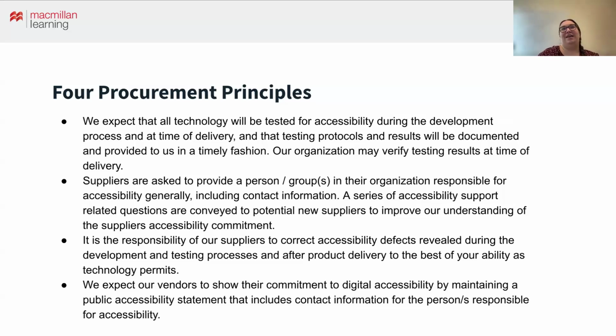Suppliers are asked to provide a person or group in their organization responsible for accessibility, including contact information. It's the responsibility of our suppliers to correct accessibility defects revealed during the development and testing processes of their product. And we expect our vendors to show their commitment to digital accessibility by maintaining a public accessibility statement.